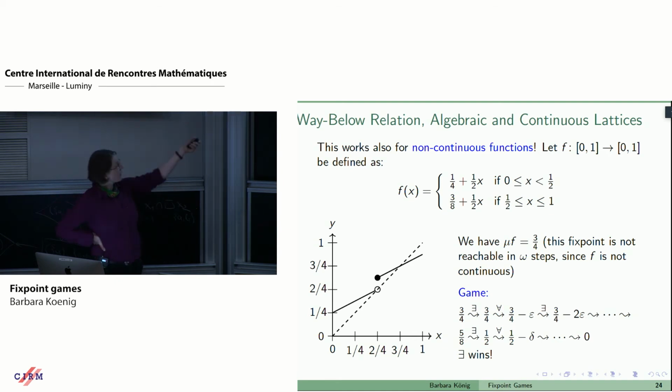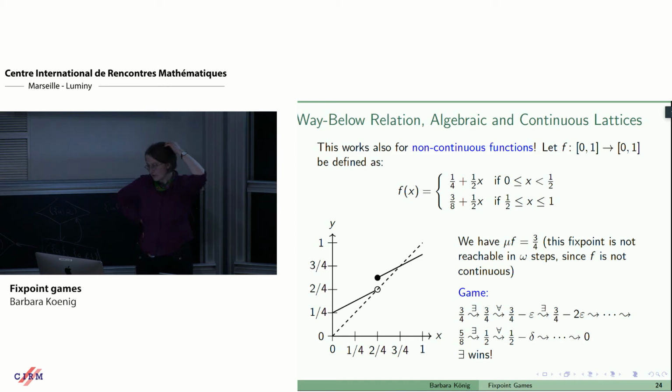Until there it's this linear function, and then it's this other linear function. The least fixed point is where this intersects with the diagonal, so the least fixed point is 3/4. It's also the only fixed point. And it's not reachable in omega steps, since the function is not continuous.